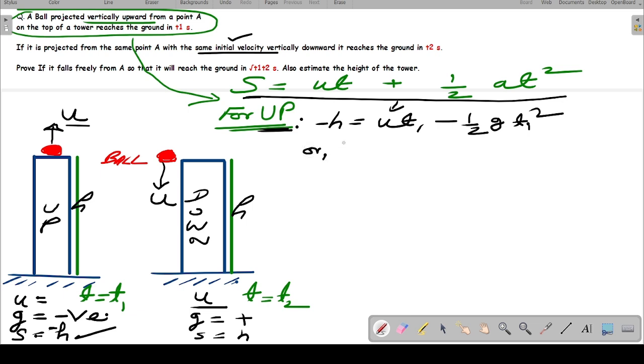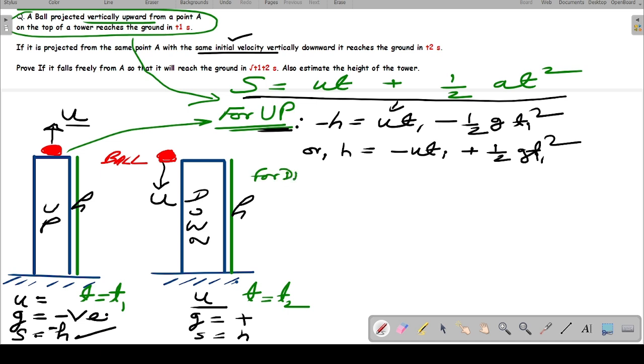So from here, cancelling the negative sign from the LHS and RHS, we get h equal to minus u t1 plus half g t1 square, right? You can see one minus is cancelled out from the LHS and one minus is cancelled out from all the terms of the RHS also. So this is the equation we arrived at for the first case when the ball is thrown upward with a velocity u, right?